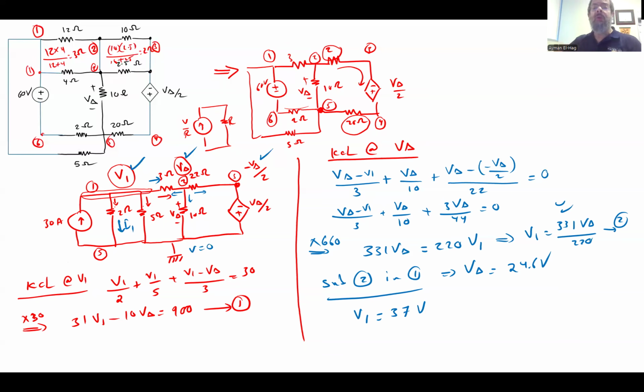If I ask you what is the total power consumption, it is I squared times R. You find all the currents, and it's I squared, the current in that branch, times R. If it asks what is the total power supplied, then you know the voltages and the currents, so you can find the power supplied by this source and by this source. Everything in the question after that becomes very easy to calculate.